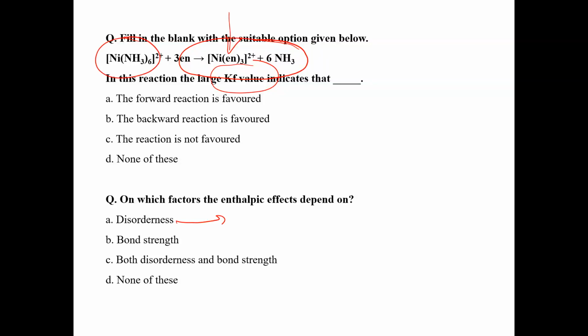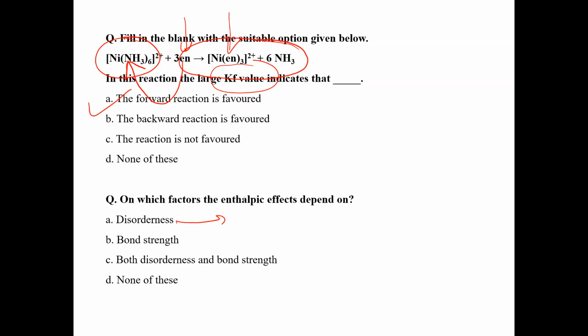Apart from that, it means this diethylenetriamine complex can easily substitute the ammonia ligand. So from the value of the formation constant Kf, you get to know which side the reaction is favoring. The forward reaction is favored here.